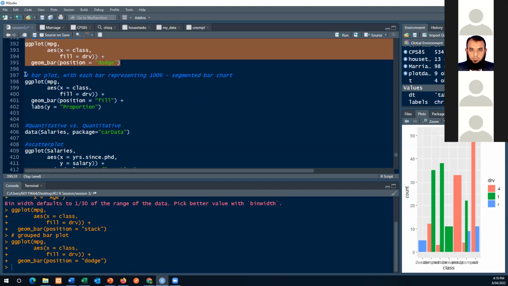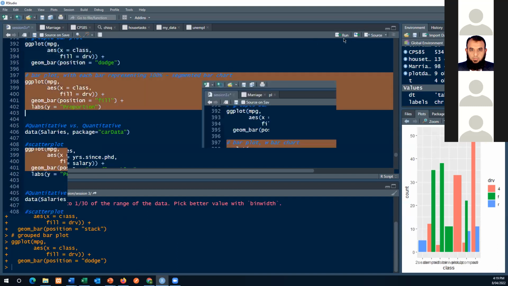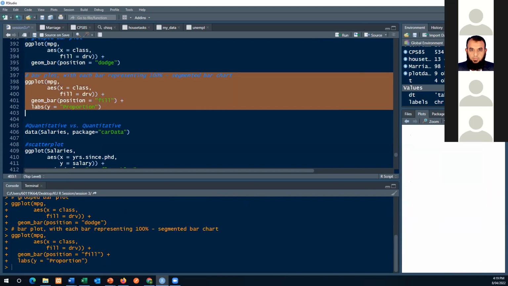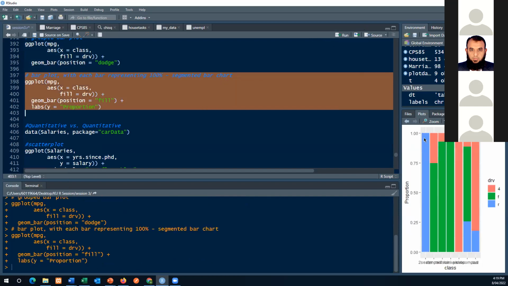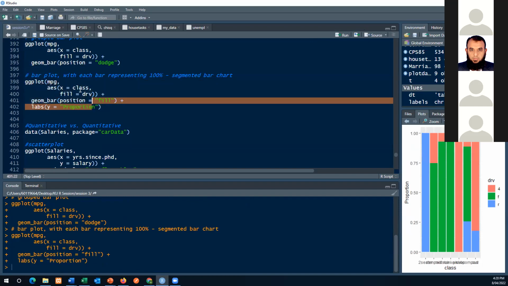Then, if you want to show the proportion, you fill by drive, geom bar position equals fill.